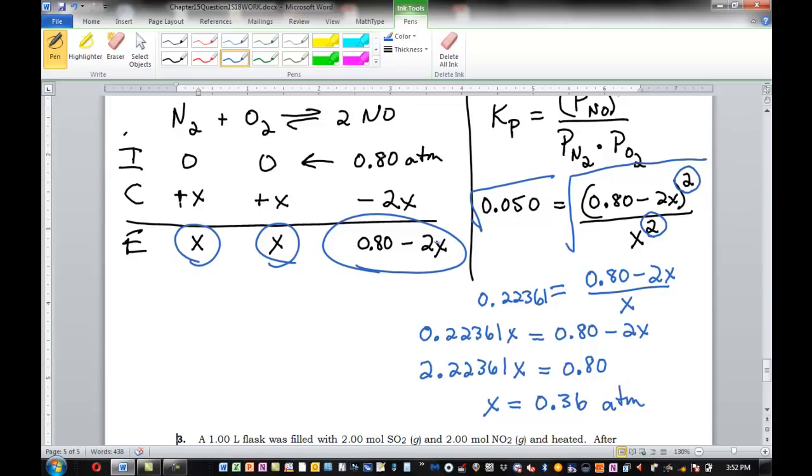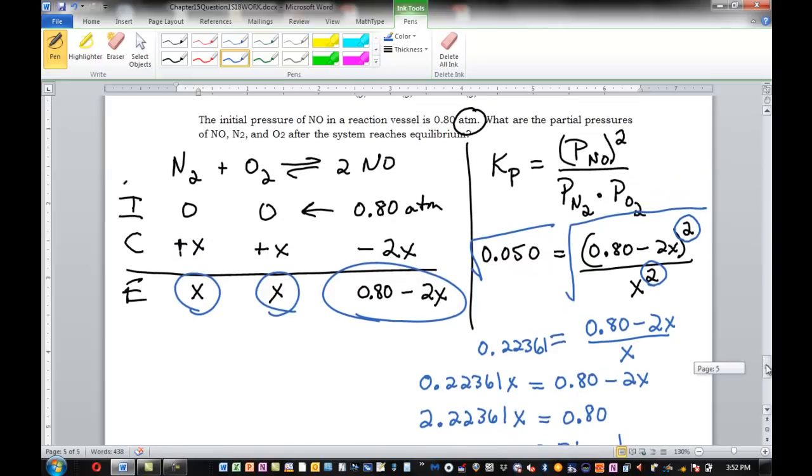One last point for this pre-lecture, because I think I've gone over 15 minutes. Once you get these values, the pressure of N2, the pressure of O2, the pressure of NO, it's always good practice to plug them back into your Kp expression up here. Once you have your equilibrium pressure of NO, plug it back in and square it.